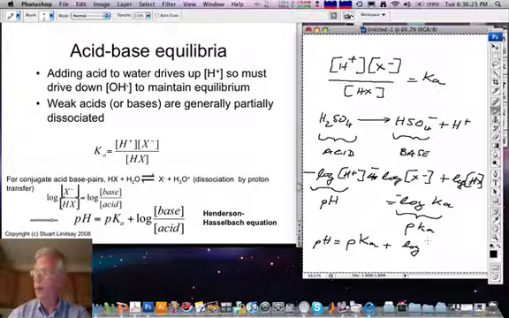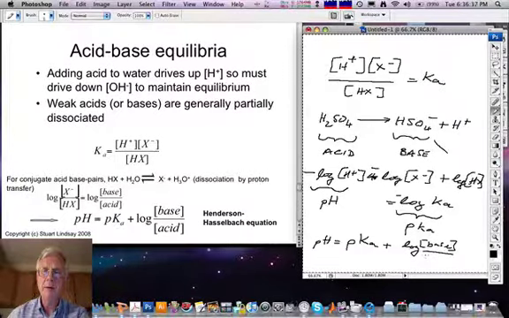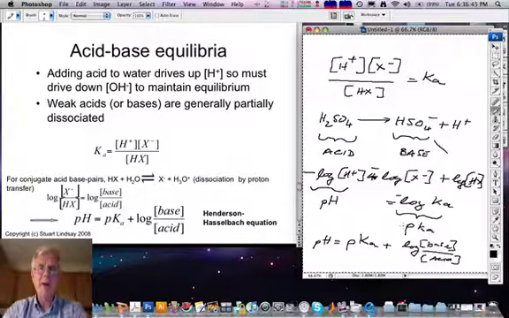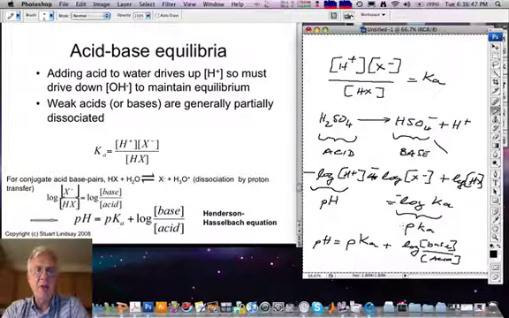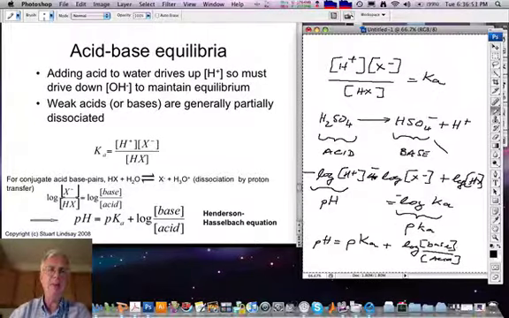And then we're going to call X minus here the activity of the base over the activity of the acid. This equation is called the Henderson-Hasselbalch equation, and it shows how the pH of a weak acid is controlled by dissociation of that acid.